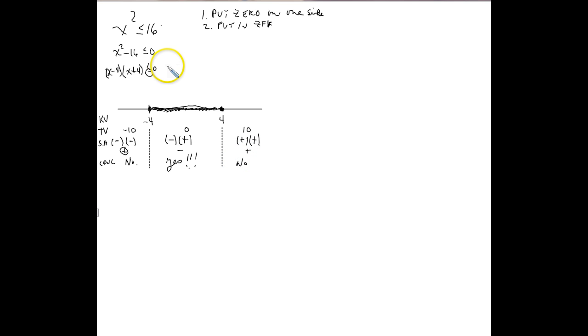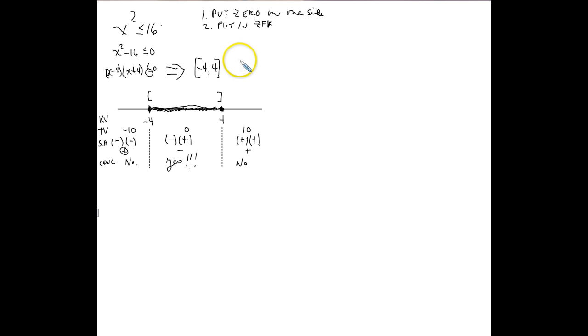So now, what's my answer to this? My answer is all the numbers that are included. Remember, that's a bracket, and this is a bracket. In interval notation, it would be negative 4 to 4, and the brackets mean the endpoints are included.